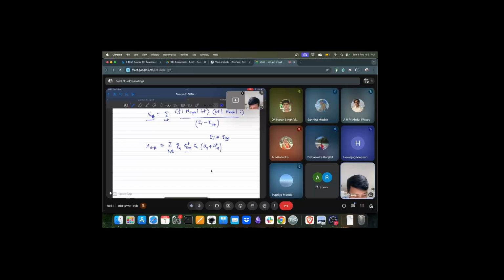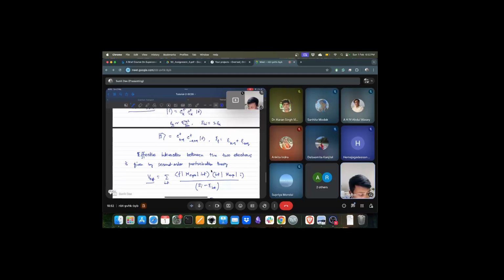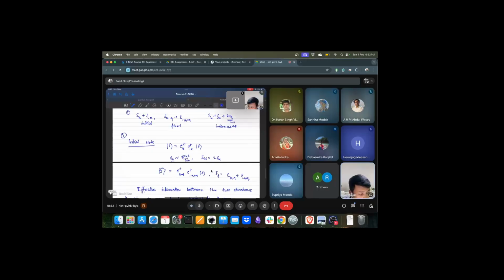So these c are the creation and annihilation operators for electrons, and a and a dagger are the operators for phonons. And omega_q is the phonon frequency.